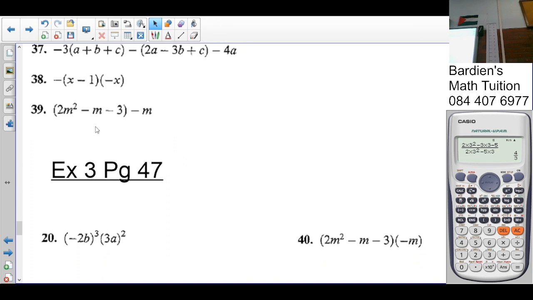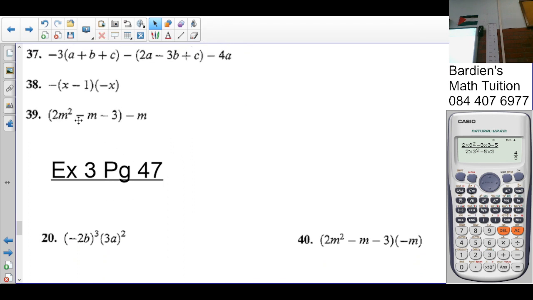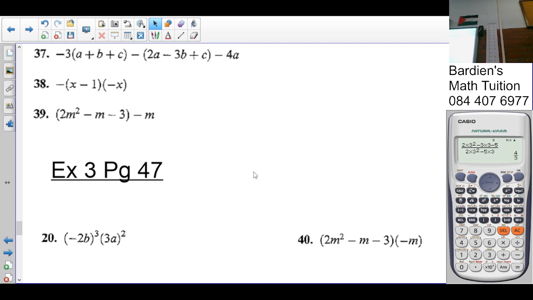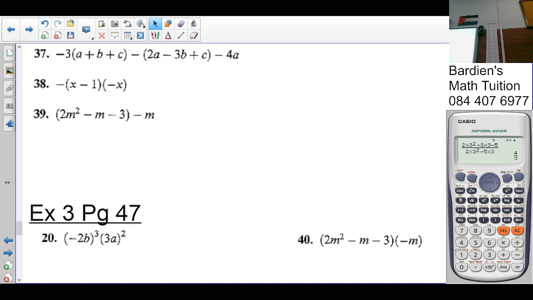Number 39. 36, 37. Right. Negative 9a? Wrong. So?